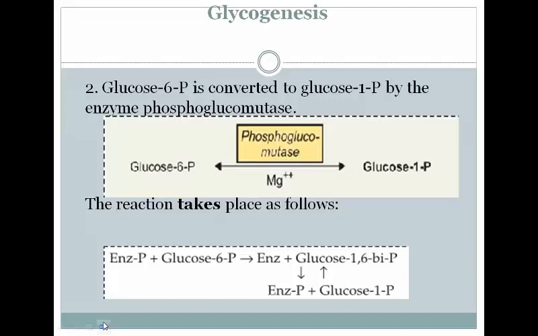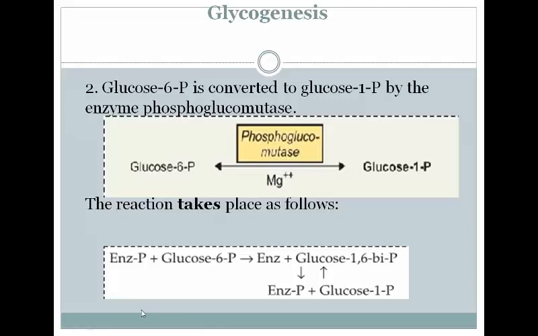Actually, the first intermediate glucose 1,6-bisphosphate is formed, and then finally glucose 1-phosphate is formed, which is expressed in the reaction below, where glucose 6-phosphate first takes a phosphate group from the enzyme and forms glucose 1,6-bisphosphate. Two phosphate groups are added, and again it releases one phosphate group and forms glucose 1-phosphate.